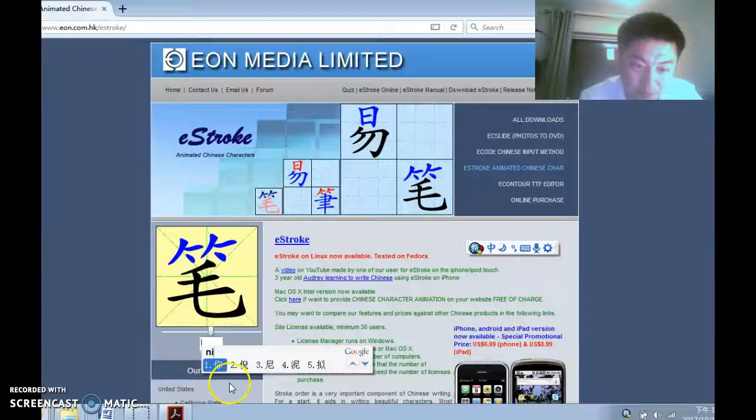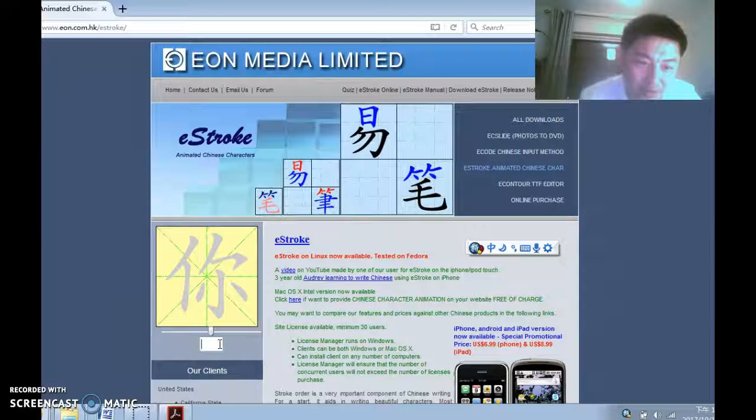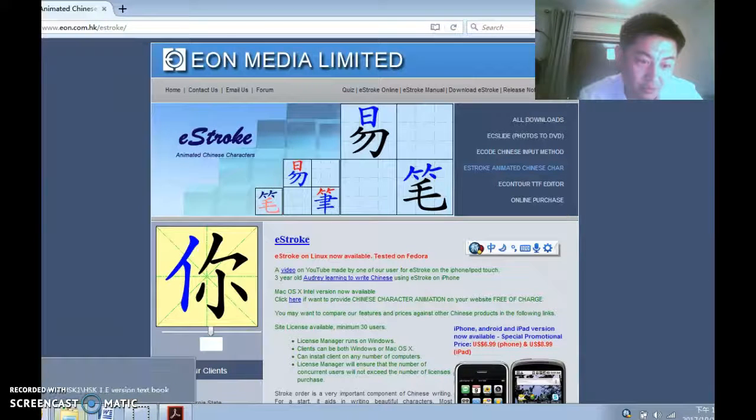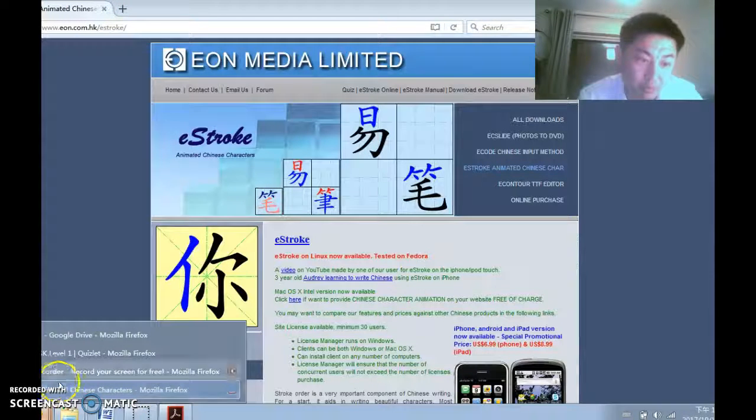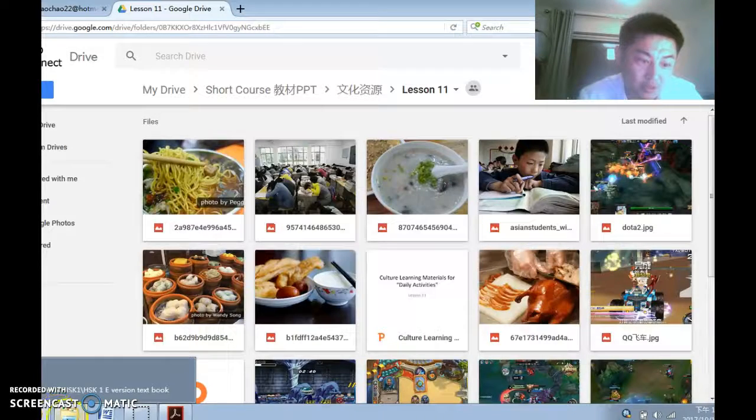You have the first one, looks like 你, sounds like 你, it is 你. So you enter it, and then you have the right order of the strokes. And in case you forgot, you can use this to remind you. But anyway, please practice writing these two Chinese characters.